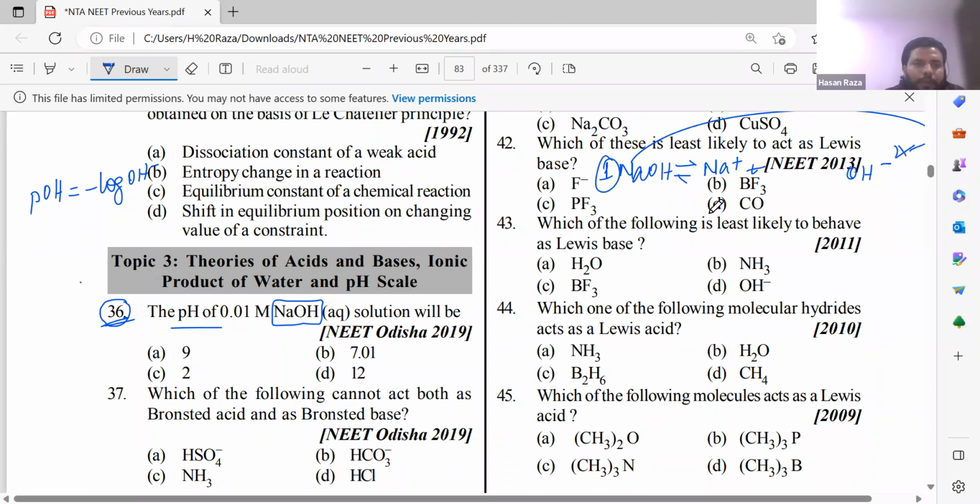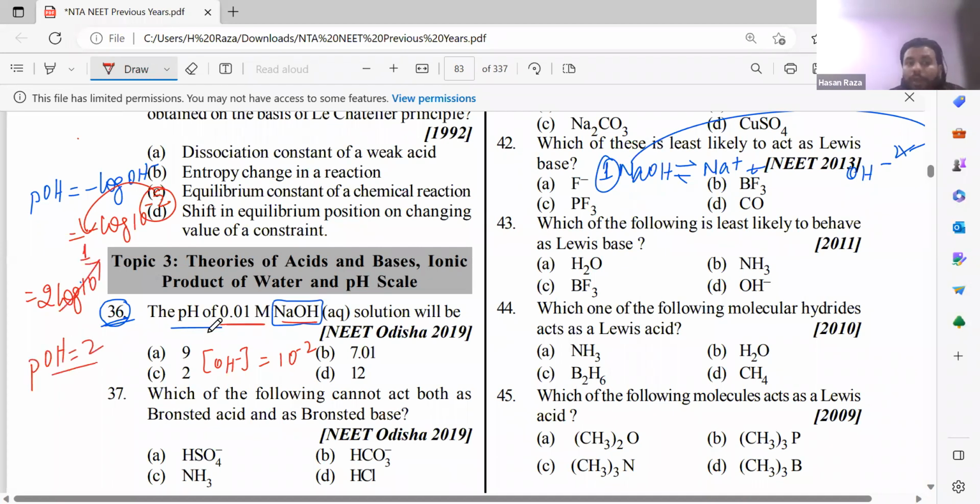That means if 0.01 M of NaOH is there, then the concentration of OH minus is also 0.01 M. That means 10 raised to the power minus 2. So here I'm going to take 10 raised to the power minus 2, and this 2 will come here, and it becomes 2 log 10. And this will have a value of pOH, that is 2. But we need to calculate pH. So as I already told you, pH plus pOH, that means pH plus 2 will be equal to 14. So pH will be equal to 12. 14 minus 2, that is 12. So the answer is D.